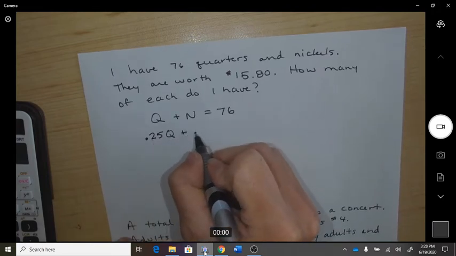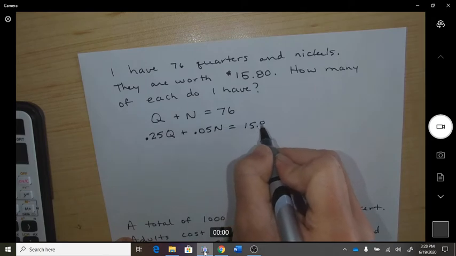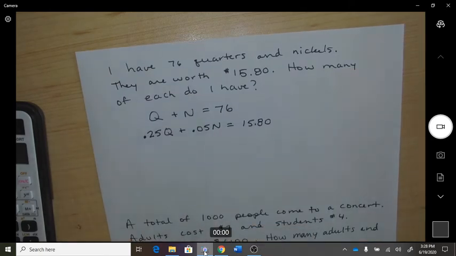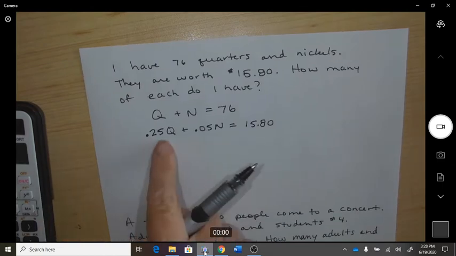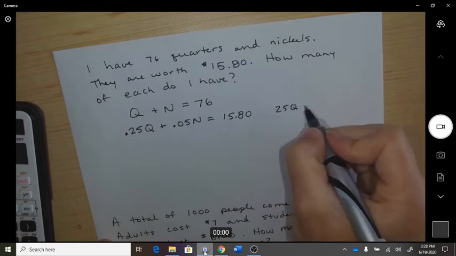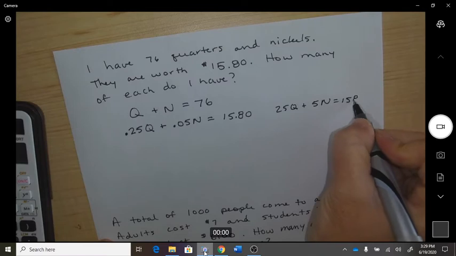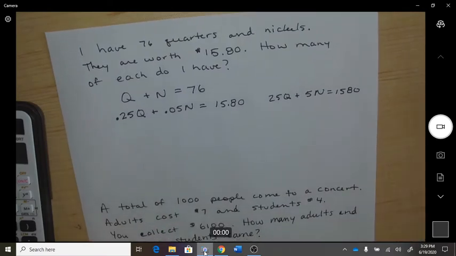And then each nickel is worth 5 cents. Now, to be honest, when I do these, I like to just times this whole thing by 100 so that I'm at no decimal places. Okay, that's up to you.